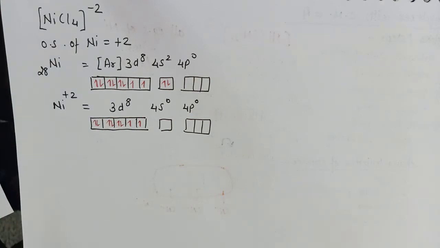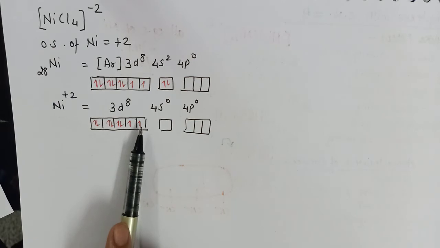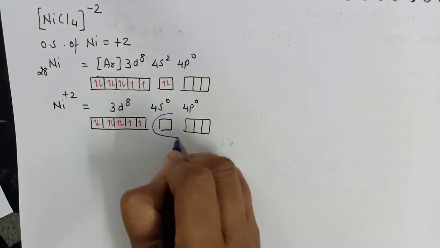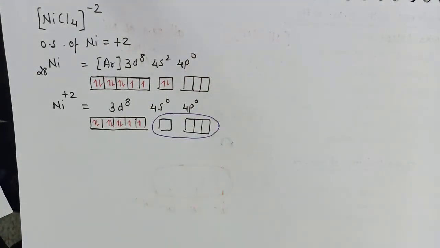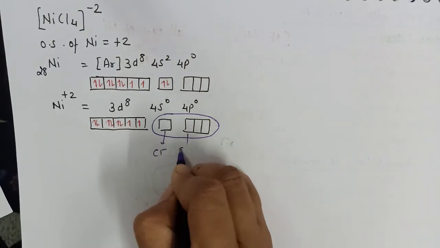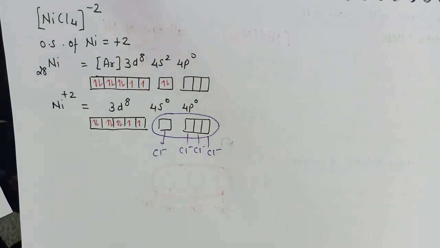So it does not cause pairing and therefore the electrons remain unpaired. The one which will undergo hybridization is this one, sp3 hybridization, each getting a lone pair of electrons from chloride. Therefore I will say it's sp3 hybridization.